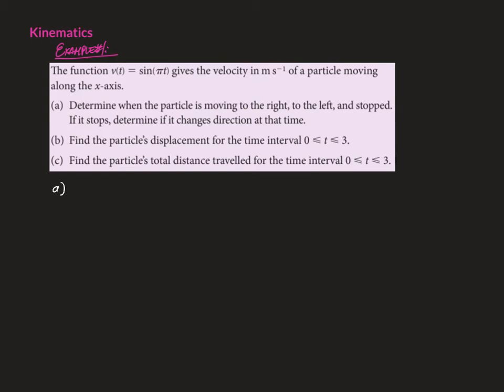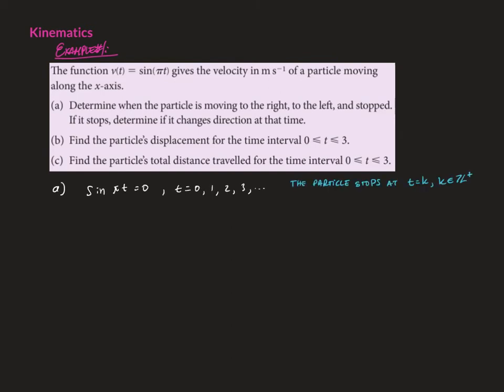So let's begin with finding all the values of t for which sine of pi t is equal to 0. This is going to happen every time t is an integer, so t takes the value of 0, 1, 2, 3, etc.